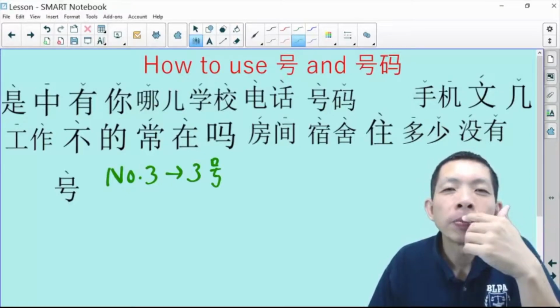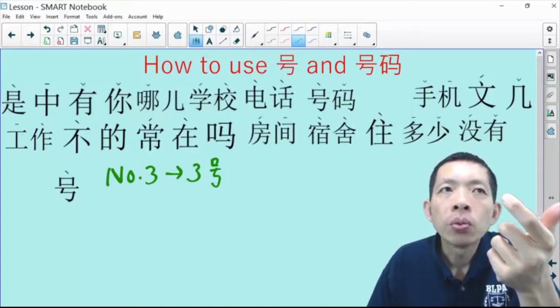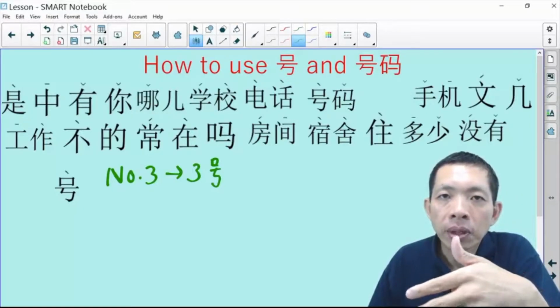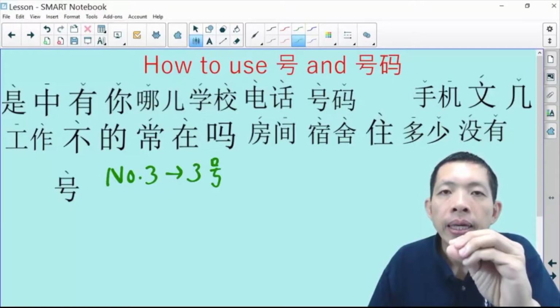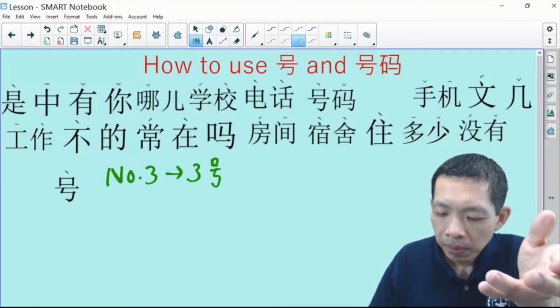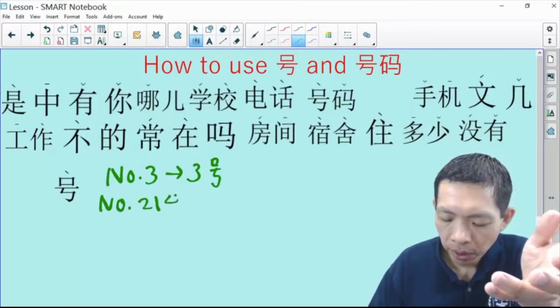So for example, you are checking in at a hotel with your school, and you want to know what your room number is. And the room number is actually number 214.